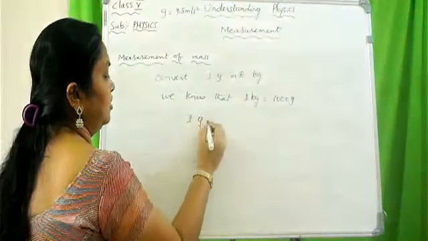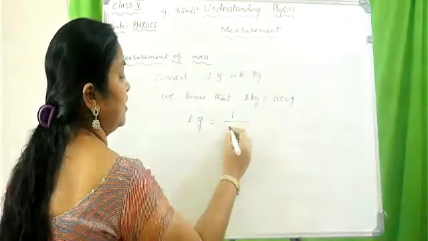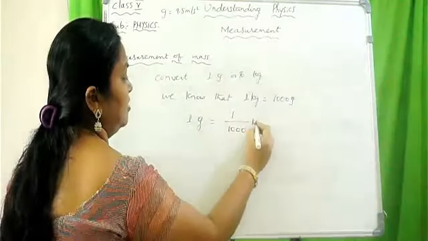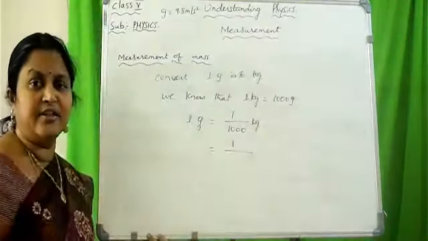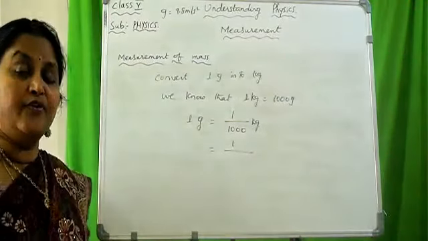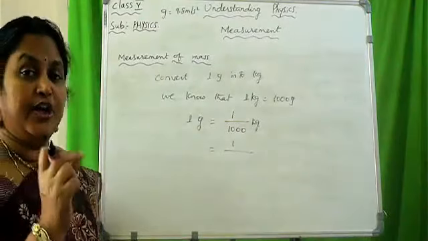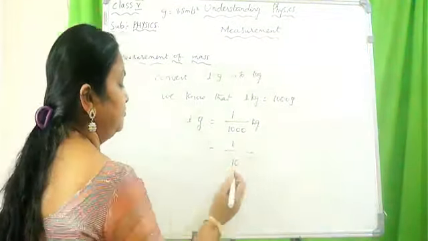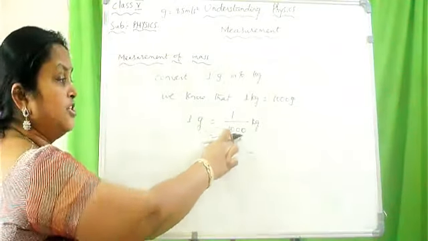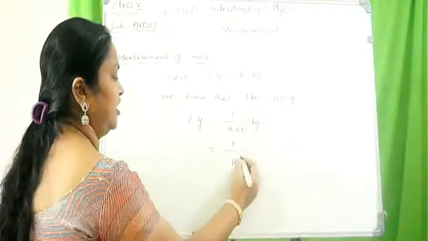If I want to write 1 gram is equal to how many kgs, I can write it as 1 by 1000 kg. In 1000, how many zeros are there? 3 zeros. If I want to write it in the form of a power, I take the base number as 10. After that, how many zeros are there in 1000? 1, 2, 3. So I write 3 here.